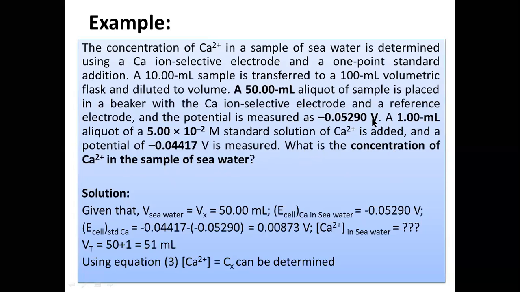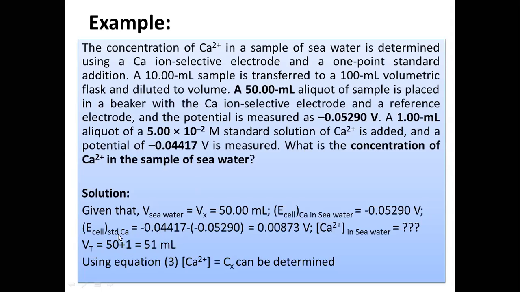So this is Ex, because it is the EMF measured for the sample. This is Vs, the volume of the standard. This is Vx, the volume of the sample. This is Cs, the concentration of calcium in the standard. This is the EMF after the standard addition is made. So delta E you can calculate.